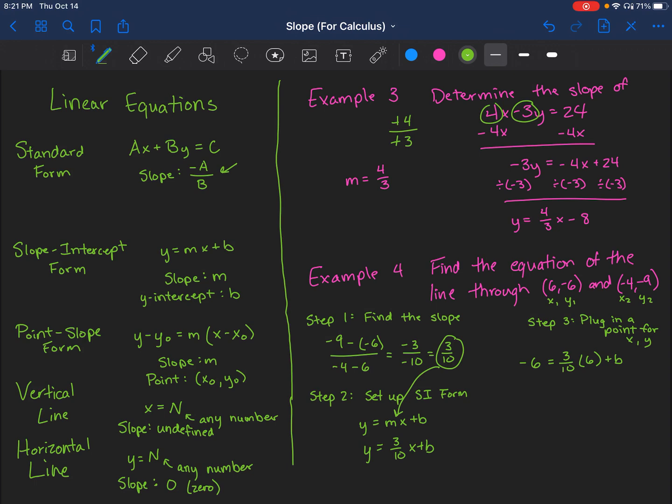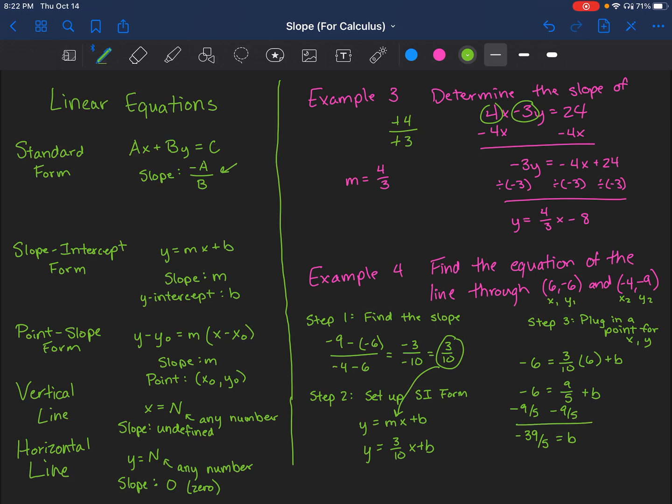I'm going to go ahead and start multiplying the 3/10 times 6. If I take that in my trusty little calculator, 3/10 times 6 gives me 9/5. 9/5 plus b. And then I'm going to subtract the 9/5 from both sides. And again, go to my trusty little calculator. -6 minus 9/5 gives me -39 over 5.